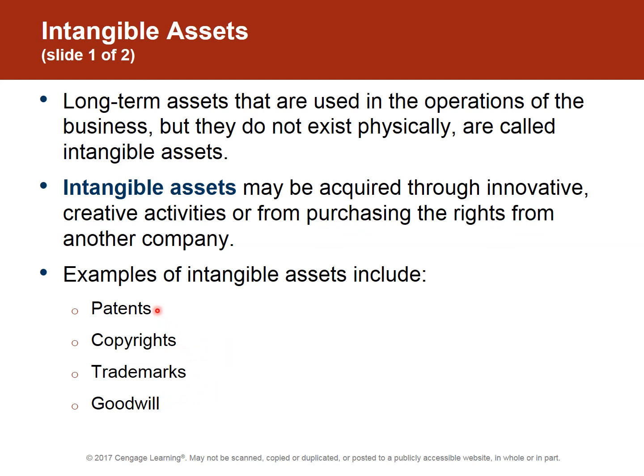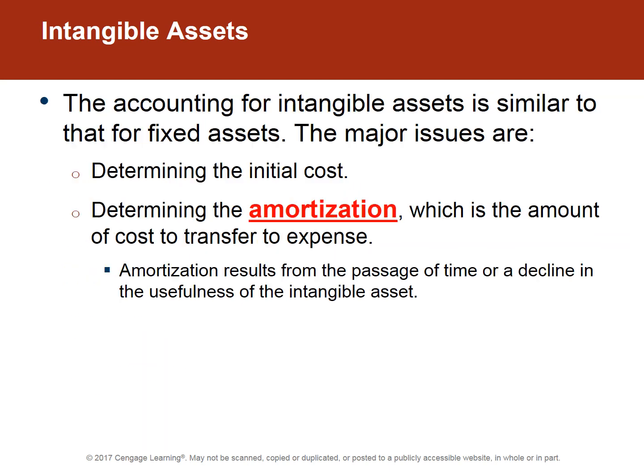So patents are exclusive rights. Copyrights are exclusive rights to use a musical or artistic type of work. Trademarks are just actually what you are familiar with, and we'll talk about goodwill in a minute. I've got a full definition page coming up. Intangible assets are calculated through a decline in the value called amortization.